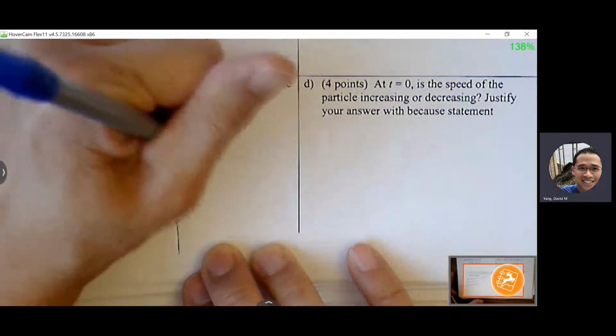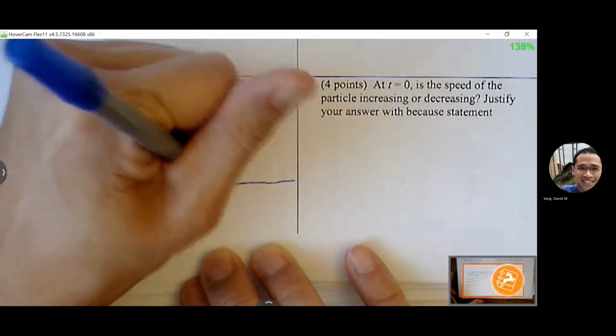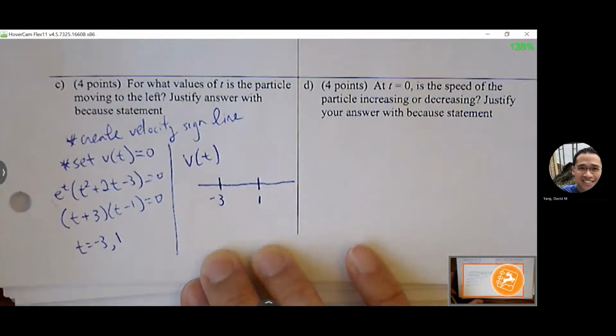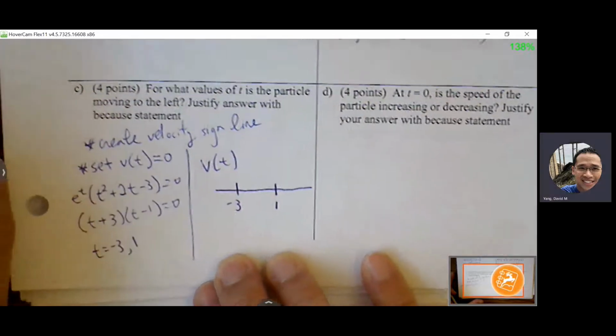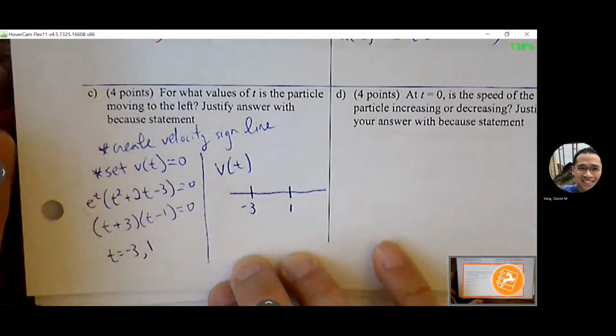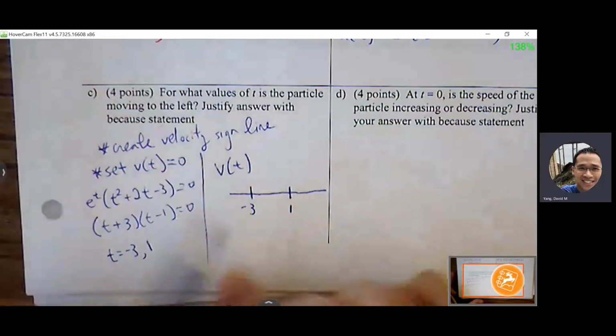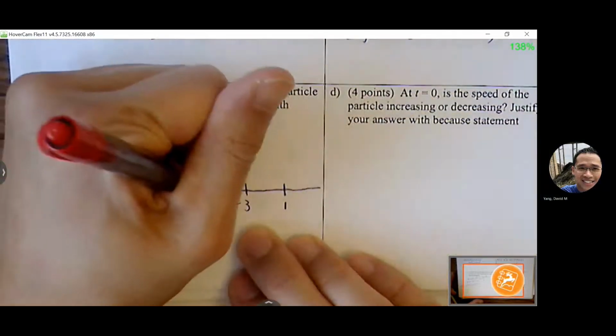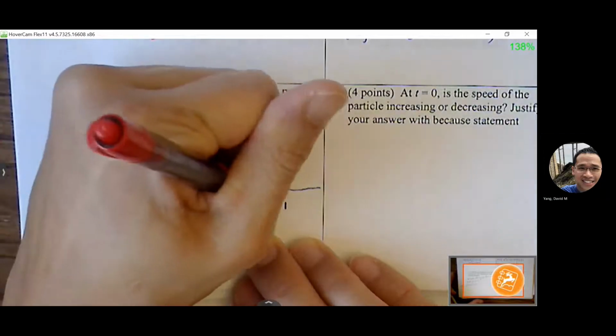Velocity sign line. Test intervals here. Choose values on either side here.